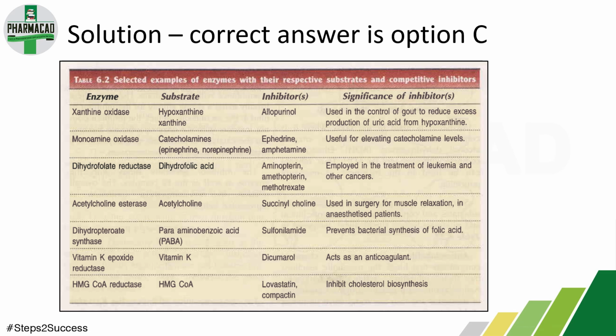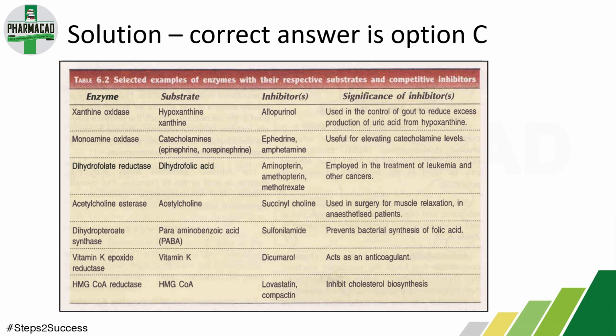So the inhibitors are ephedrine and amphetamine, drugs which are used for elevating the catecholamine levels. As we know, epinephrine and norepinephrine are hormones required for the smooth functioning of the human body, and these drugs are normally used to elevate the catecholamine levels.